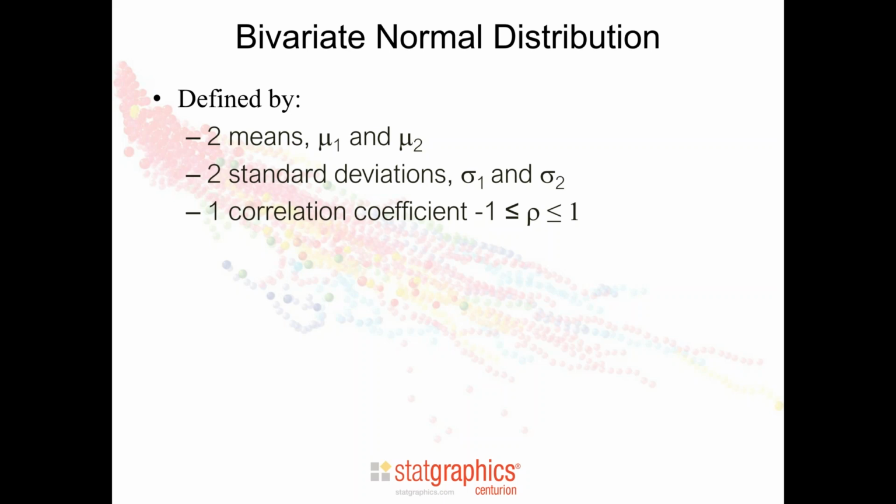We could also parameterize it with a covariance instead of a correlation, but in the case of two variables, I like to think about the correlation, because we're all familiar with that. A positive value for rho indicates positive correlation between the variables. A negative value for rho is a negative relationship between the variables.